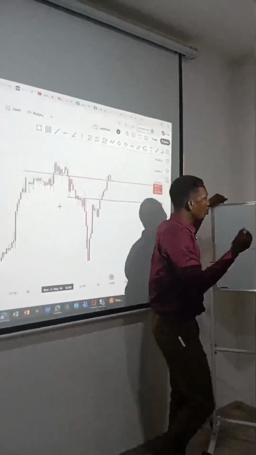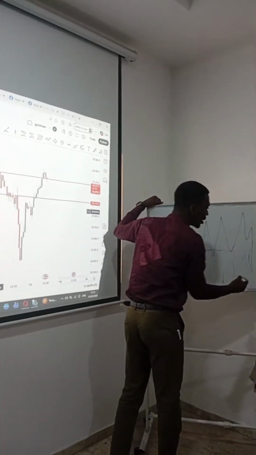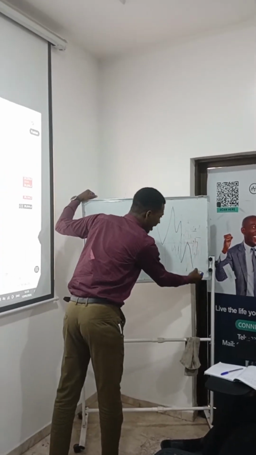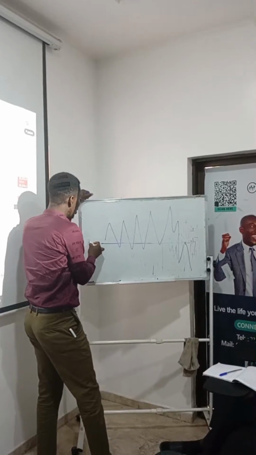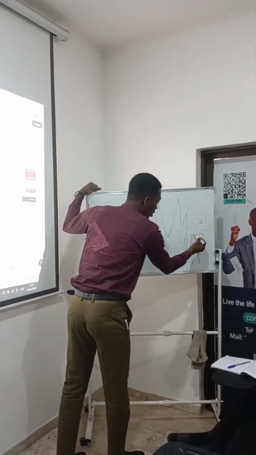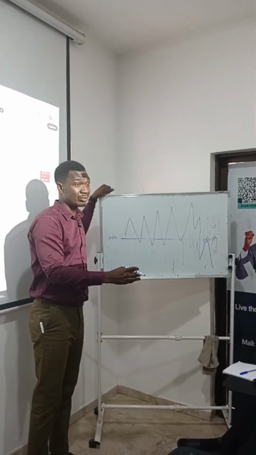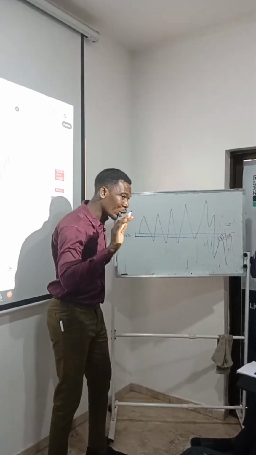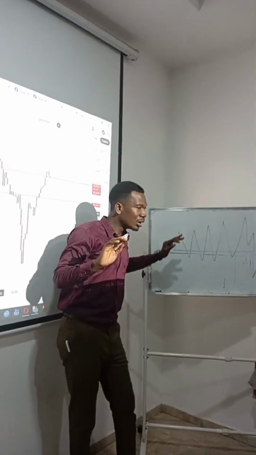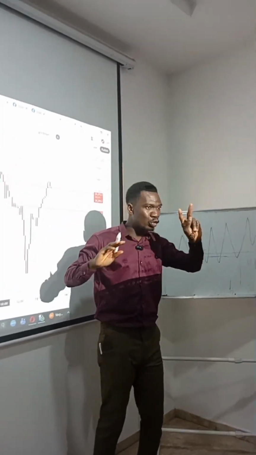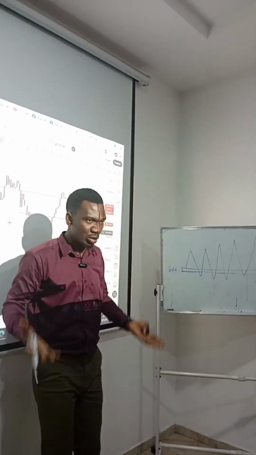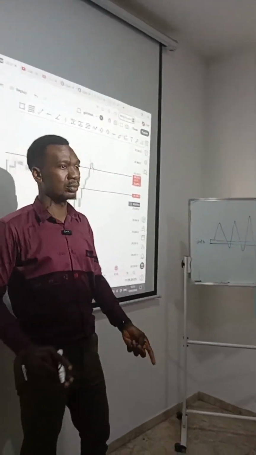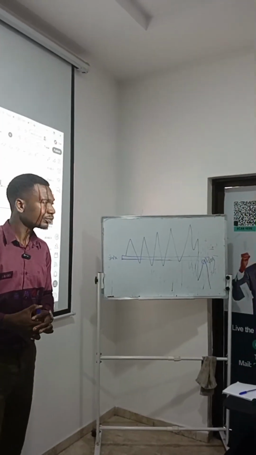If price now decides to break through that point, and then goes back up to that same level and crashes back down, what was previously support is now serving as resistance. So this area is what we now call an area of confluence. Meaning that area is serving the purpose of two things. It's serving as a region to support price to go up. It's also serving as a region to resist price from coming down. Are we together?